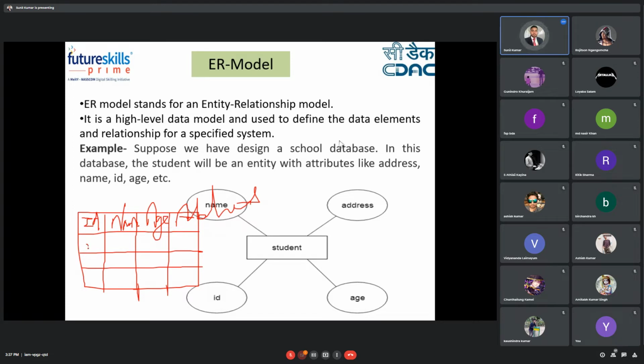Suppose ID 2, name of student is A, age is 20 years, and address is Delhi, right? Suppose ID 4, name of student B, age 18 years, and from Mumbai. Understand? So the representation of a table in the form of relationships, in the form of entities, is called an entity relationship diagram.